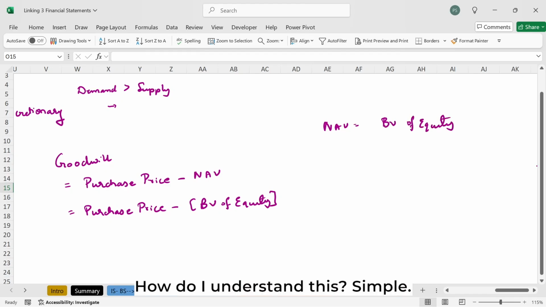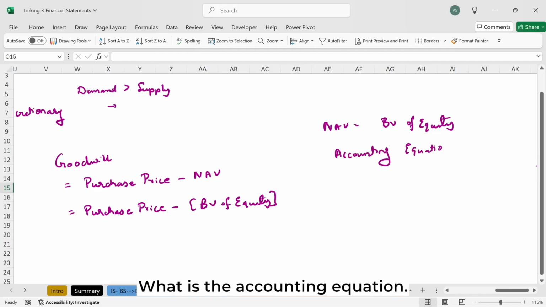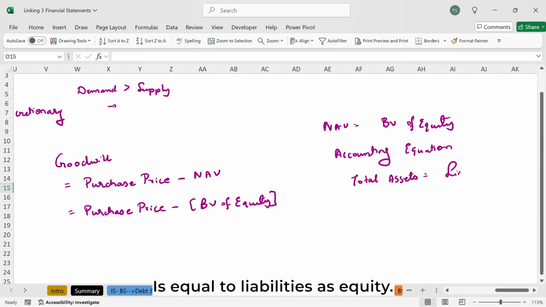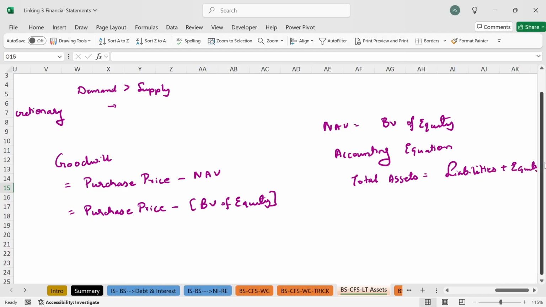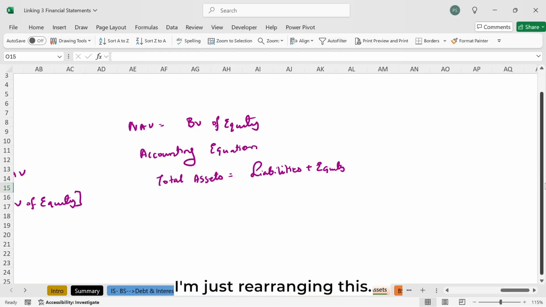How do I understand this? Simple. What is the accounting equation? The accounting equation says that total assets is equal to liabilities plus equity. That is what my accounting equation tells me. I'm just rearranging this.